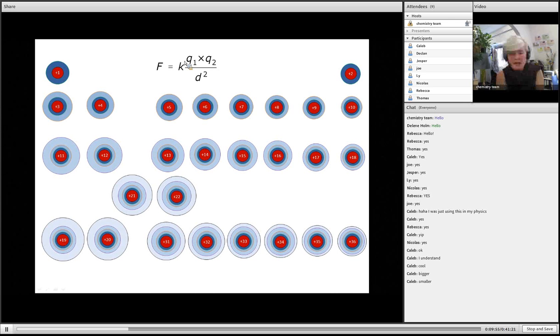So what can you tell me about the attraction between the nuclear charge and the valence electrons? Well, you've jumped a step, Caleb. Yep, it'll be stronger. So you've got a stronger attraction, and if something's attracting more strongly, it's going to pull it closer. So that's why you said smaller. Your electrons aren't going to be as far away. The shell actually decreases in size.